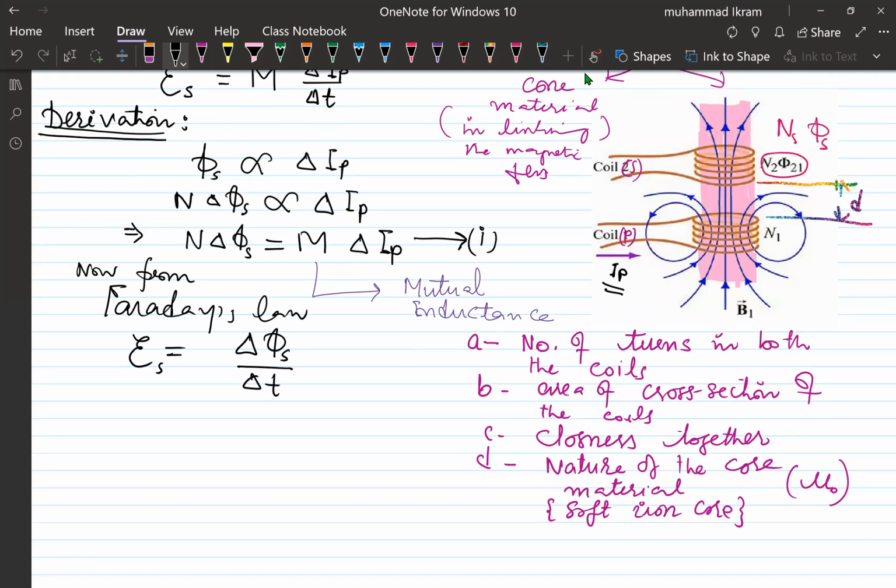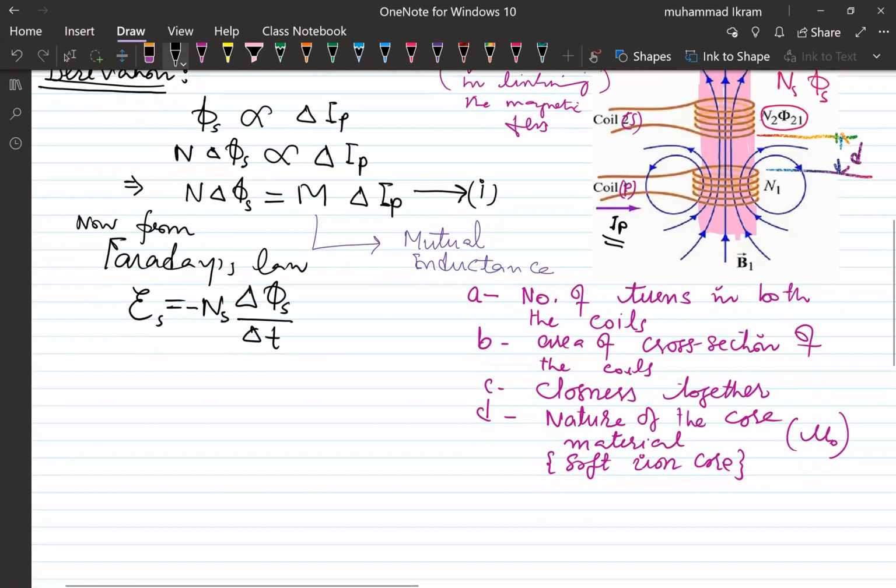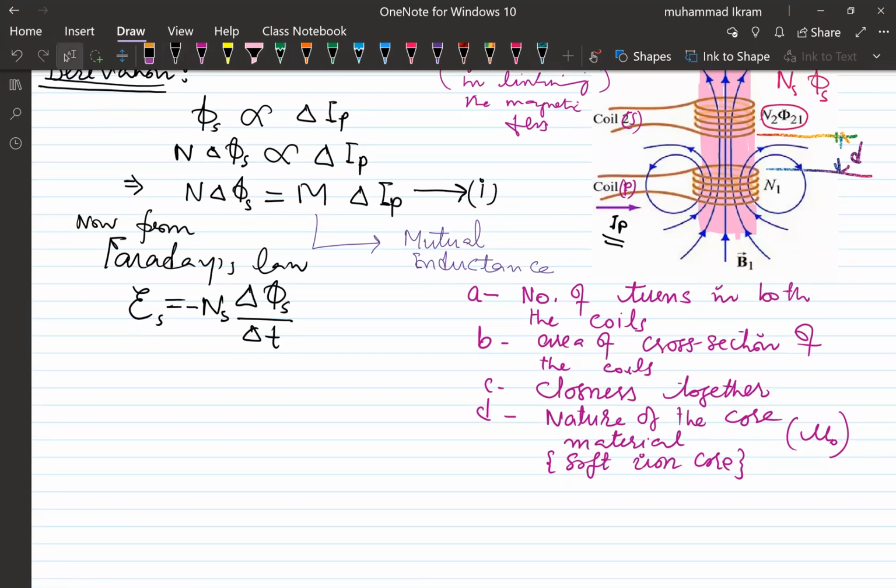If there are Ns turns in the secondary, it will be Ns into delta phi s by delta t, and I will add one negative sign. The negative sign indicates the direction of the induced current or the induced EMF polarity.